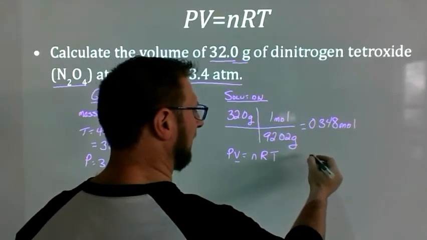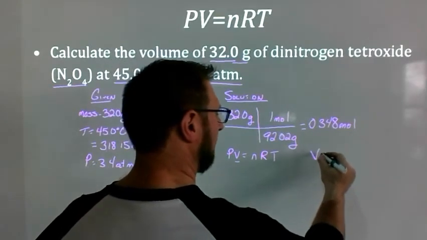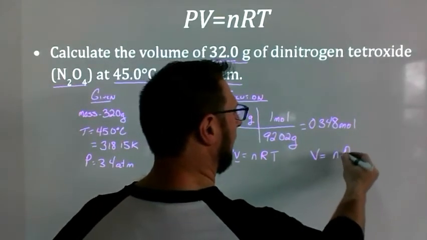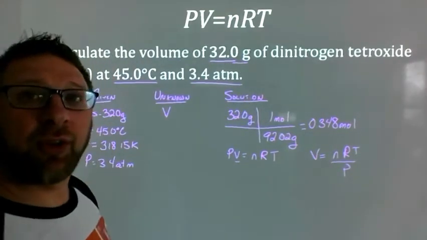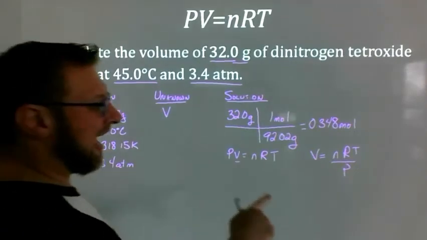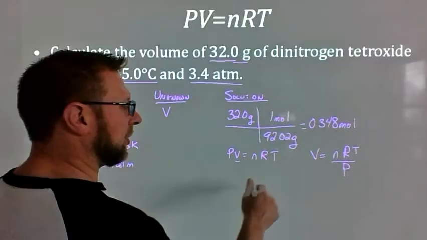So algebraically, we end up with V equals nRT over P. Certainly you can plug in the numbers. You do not have to rearrange this equation.